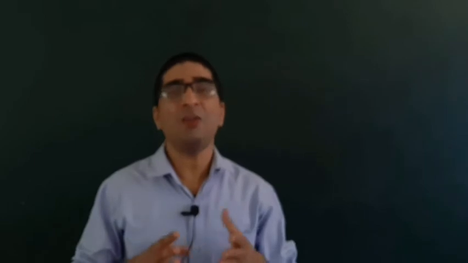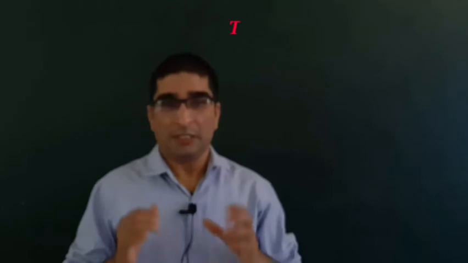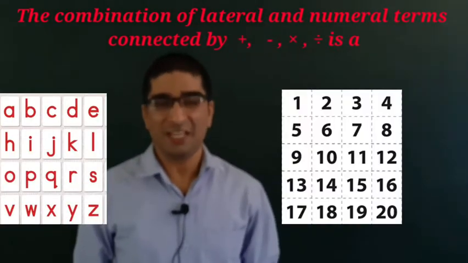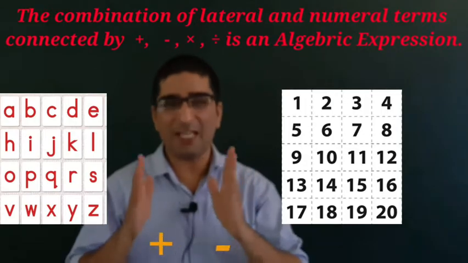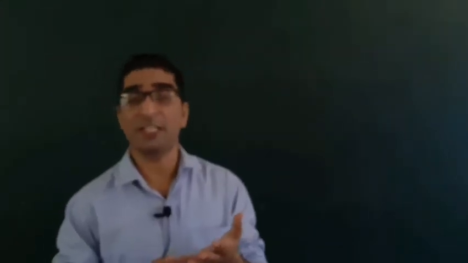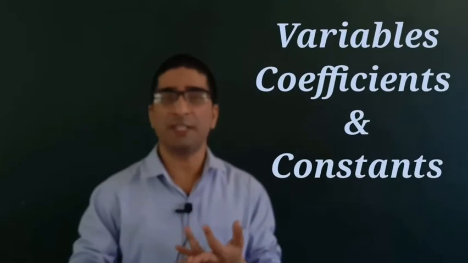So, without using terms like variable, coefficients and constant, we can define an algebraic expression very easily. Let us try. The combination of literal and numeral terms connected by plus, minus, into, divide is an algebraic expression.